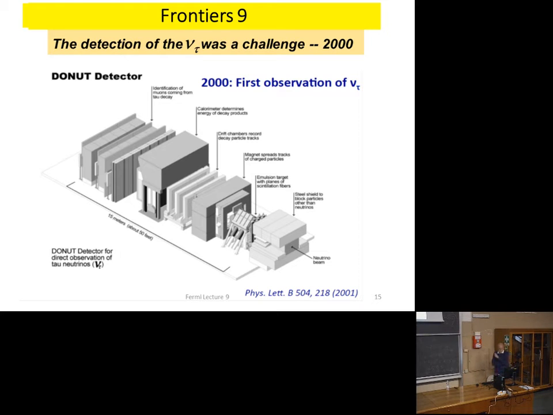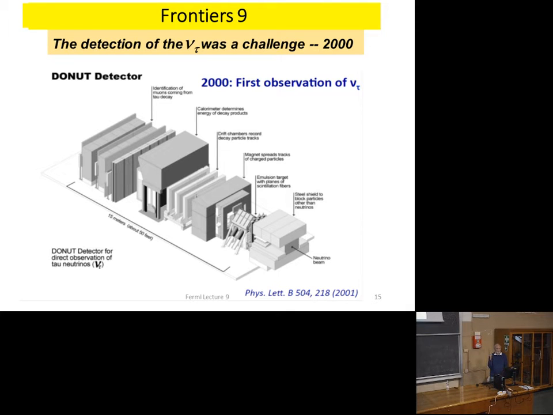I only show this picture to show you how big and complicated an experiment has to be in order to measure something that's so small. So this is the big experiment done at Fermilab to do this with a neutrino beam coming in, and it's roughly 15 meters long and 15 meters wide with all these different detectors, and in the heart of it is the emulsion stack that then has to be analyzed to see these very little tracks.